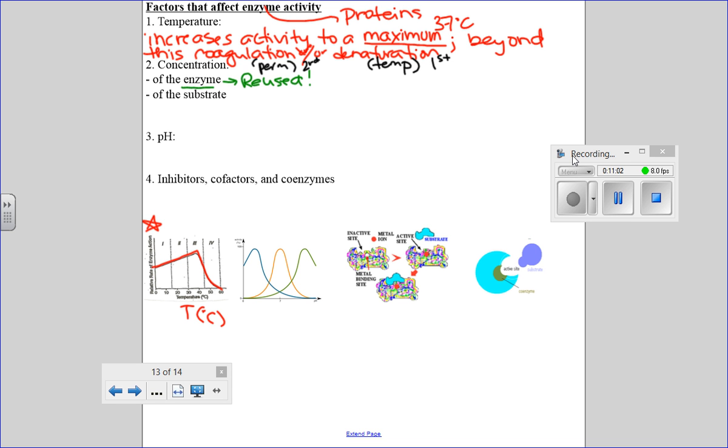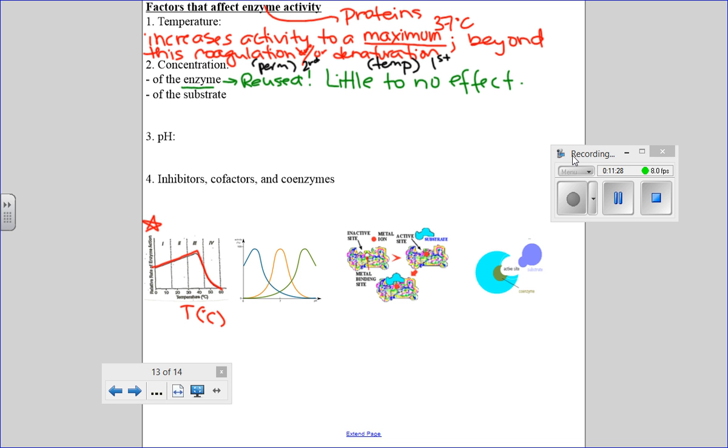They help a reaction happen faster, but they're not altered, they're not broken apart, we're not putting them together. Because enzymes are reused, changing the concentration of the enzyme will have little to no effect. As long as you have enough enzyme, adding more isn't really going to make a humongous difference.